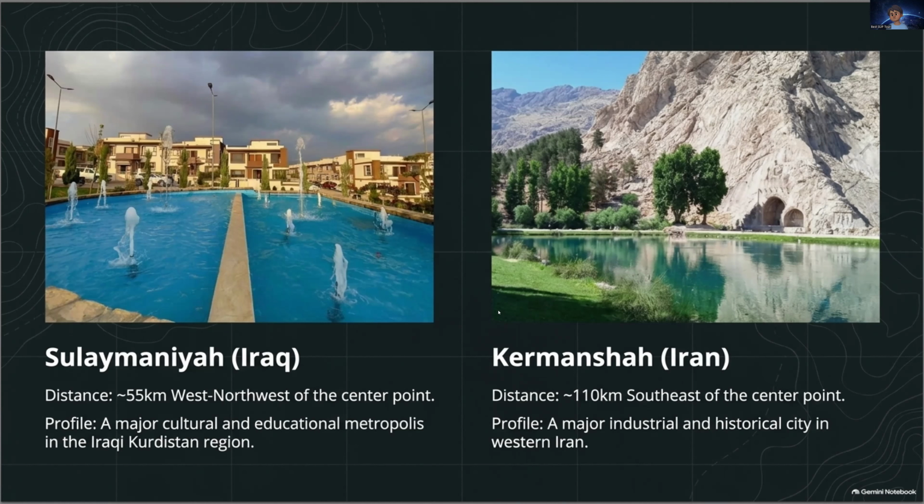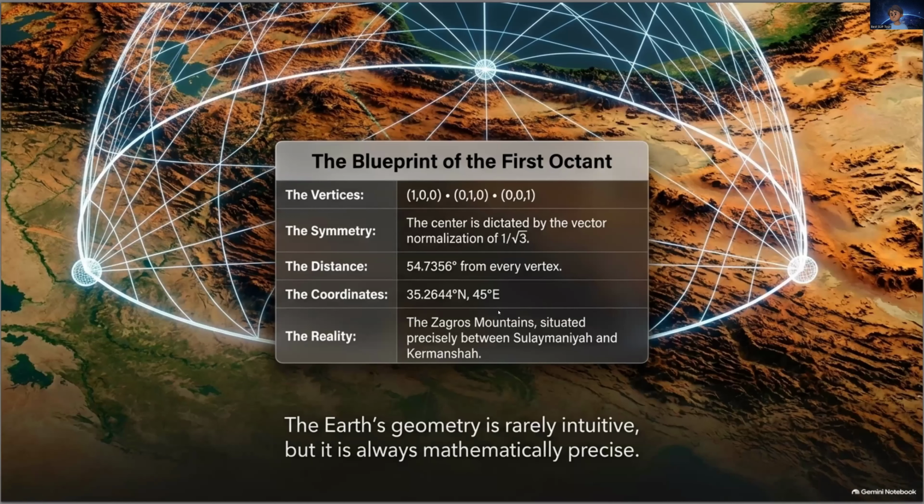Okay, the geographic area, the blueprint of the first octant. The symmetry center is dictated by the vector normalization of 1 divided by root 3. The distance from the center is 54.7356 from every vertex.